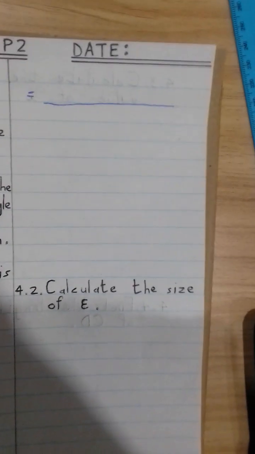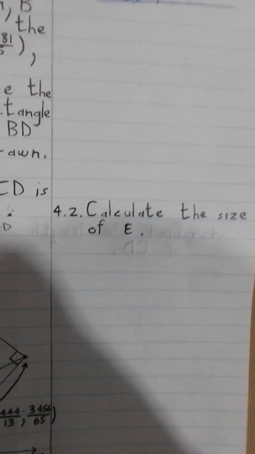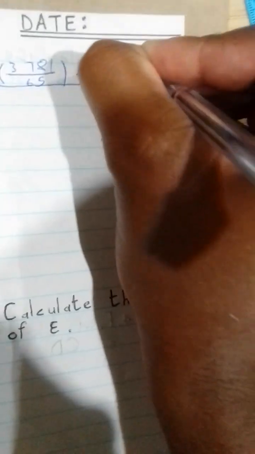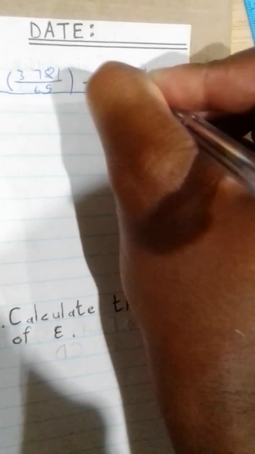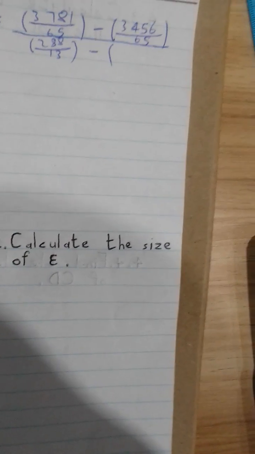What is YA? 3781 over 65. What is YD? 3456 over 65. What is XA? 288 over 13. What is XD? 444 over 13.